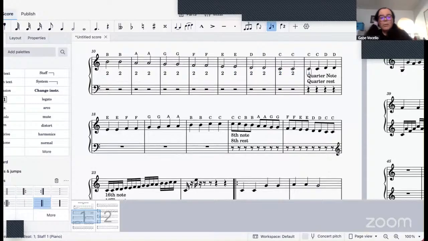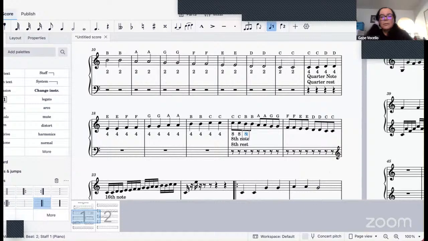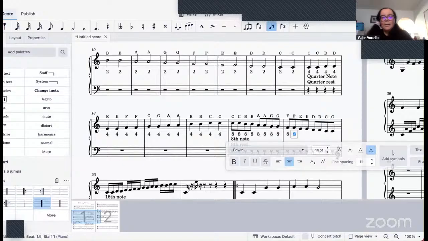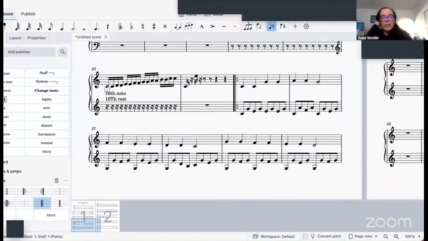Quarter note, the number is 4. Eighth note, the number is 8. 16th note, the number is 16.